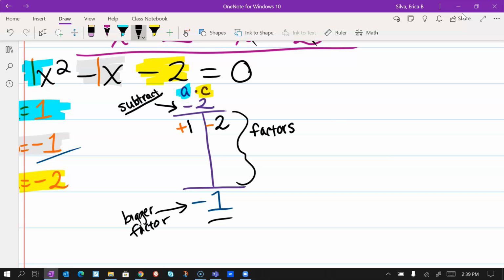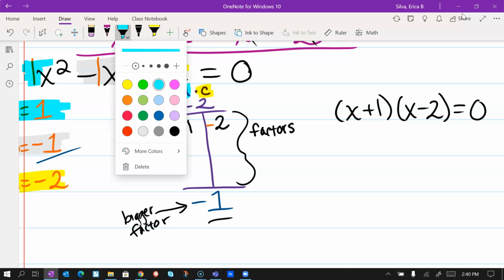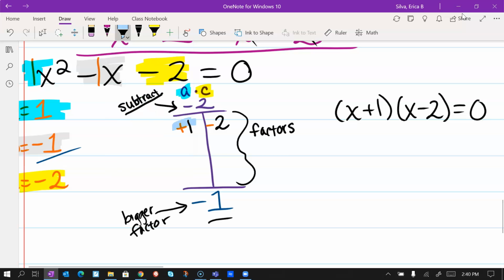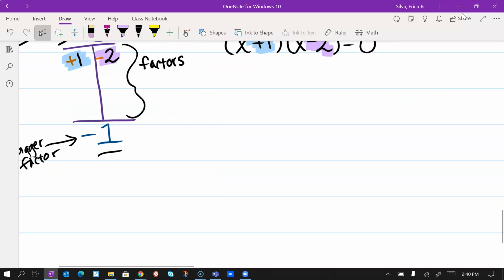All right, let's go ahead and set up our factors. We've got x plus 1 and x minus 2 equals 0. So this plus 1 comes from here, and this minus 2 comes from there. Any questions so far? All right.